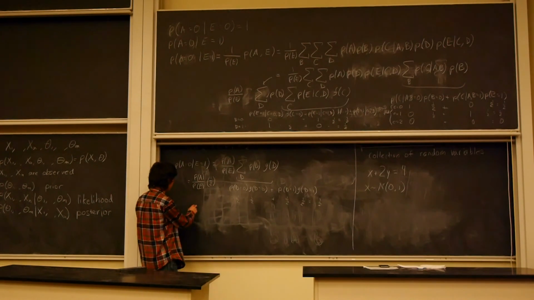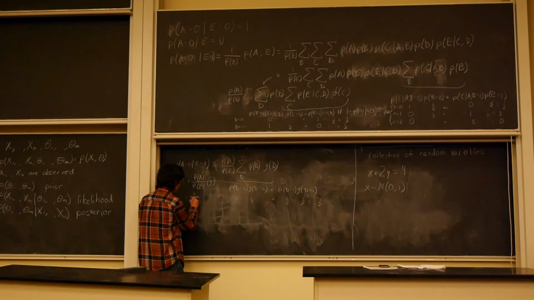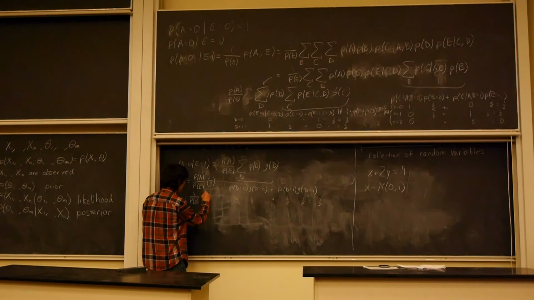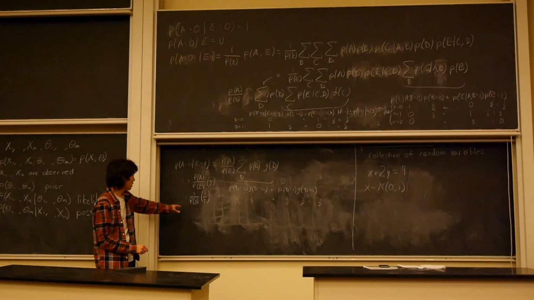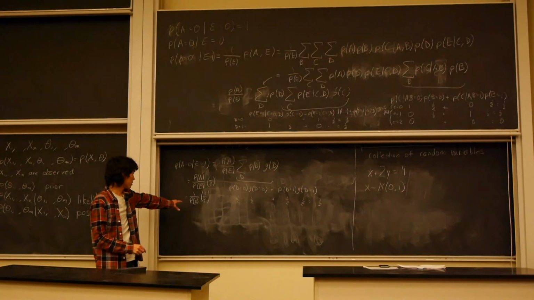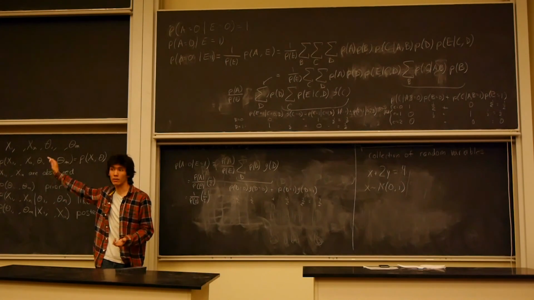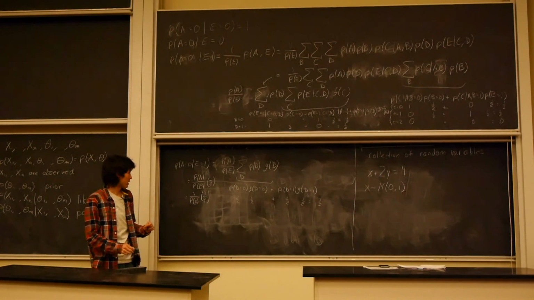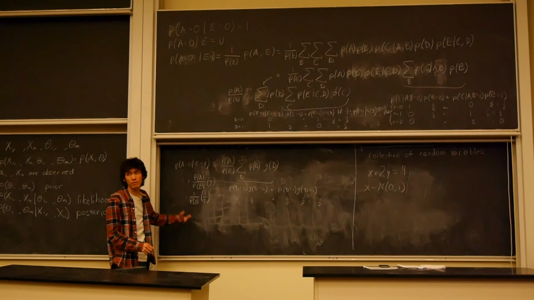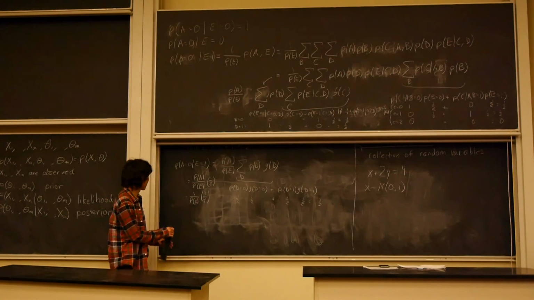There's another way you can compute P of E without explicitly listing out the entire table. And that's just to drop it, basically.